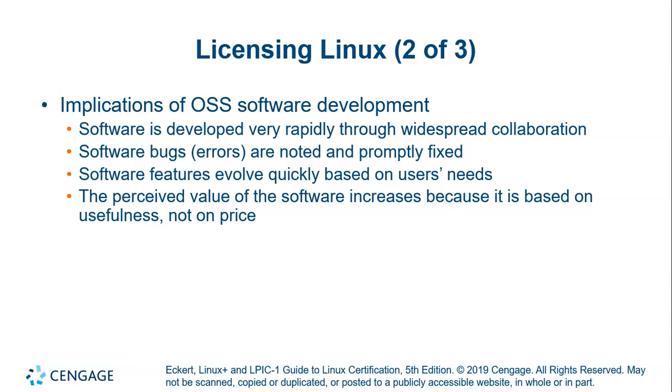All right, these are some of the pros. If you've got a bunch of people collaborating freely on something, things can be developed faster and bugs found more quickly. And with features, it could mean: on my computer this thing doesn't work, so I'm going to write software to make it work. In the early days, a lot of that happened. Hey, I've got this sound card that doesn't work, I'm going to write the device driver for it, and then you share it so other people with your sound card can use it.